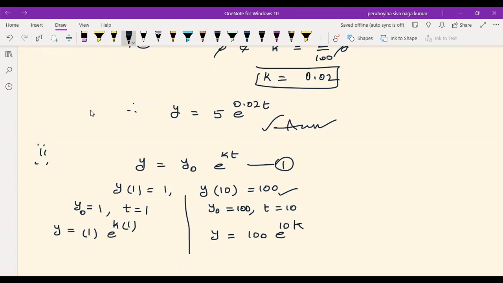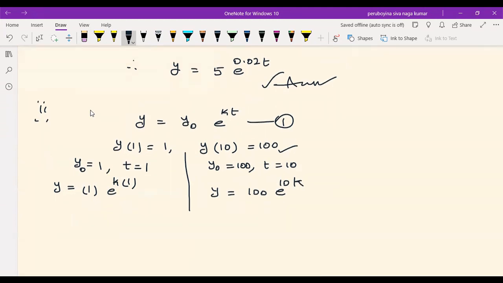Okay, understood this part? Just substituted those values. Now we will divide both of these equations, say 2 by 3.